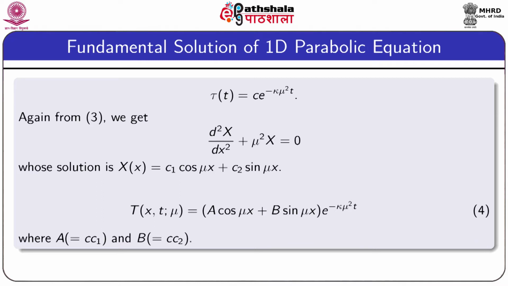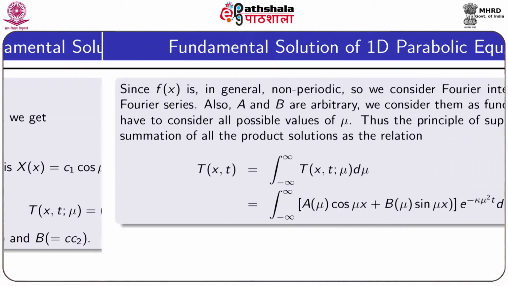So, the general solution of T becomes T = (A cos μx + B sin μx) e^(−κμ²t), where we modified the constants as A = c c1 and B = c c2.